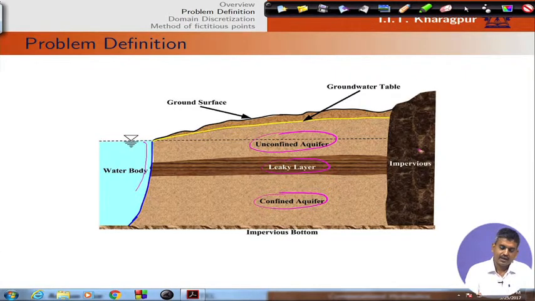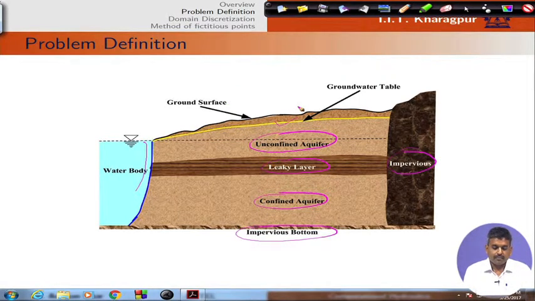This is an impervious unit, like a mountain or any impervious rock strata present there. We have an impervious bottom, and this is our groundwater table with the yellow line, and on top we have the ground surface.